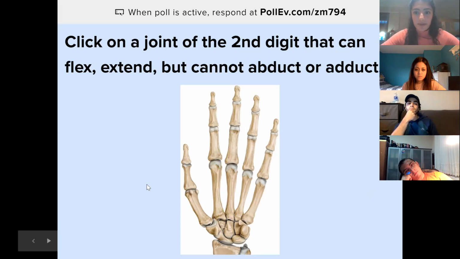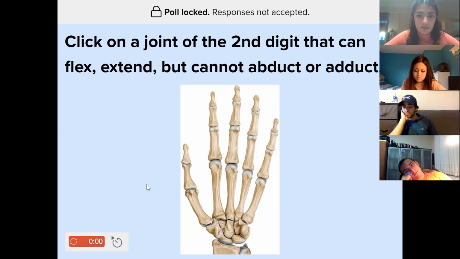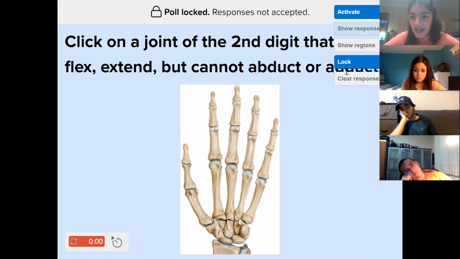And then one more pull everywhere, same type of deal. You just click in the area. Second digit that can extend, flex, but not abduct or adduct. Let's see how we did.